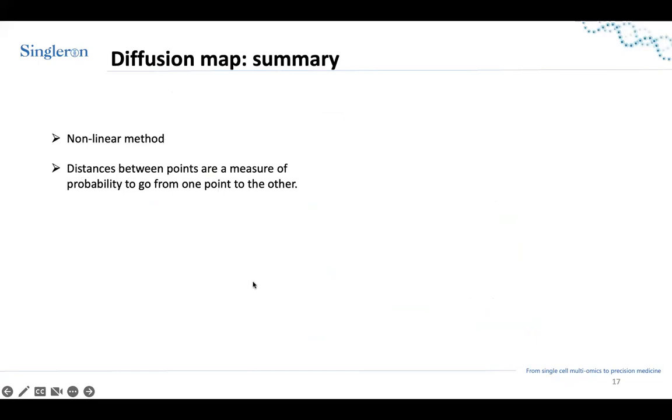The distances between points measure the probability to go from one point to another. So we use the assumption that a cell, when it evolves, would evolve to a closer neighborhood than to another transcriptomic stage that is much farther away.